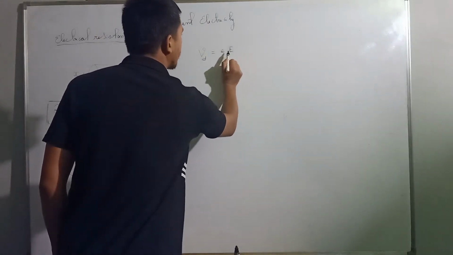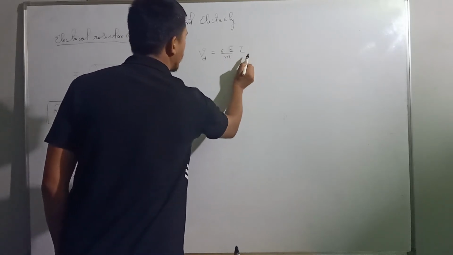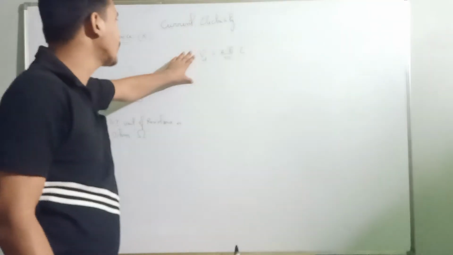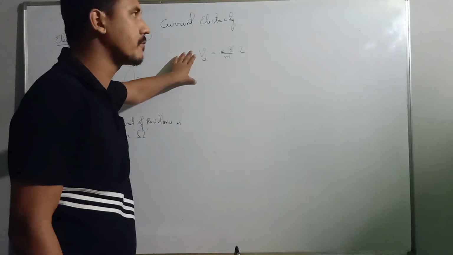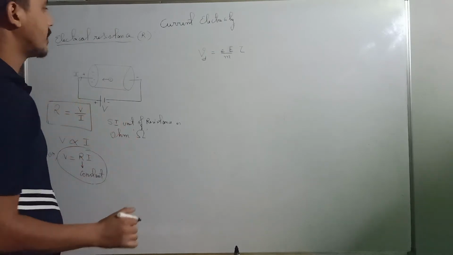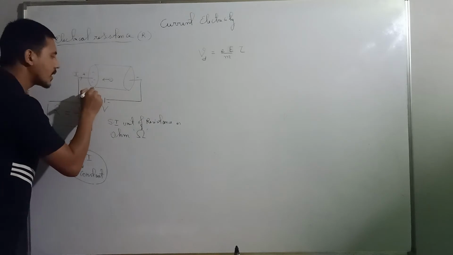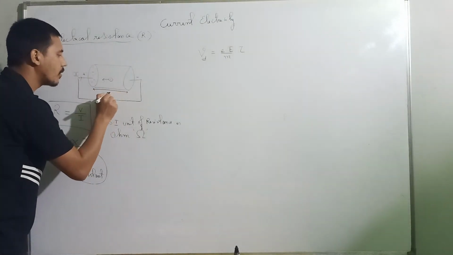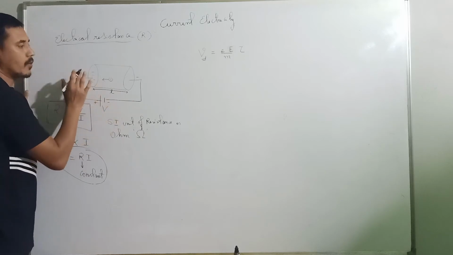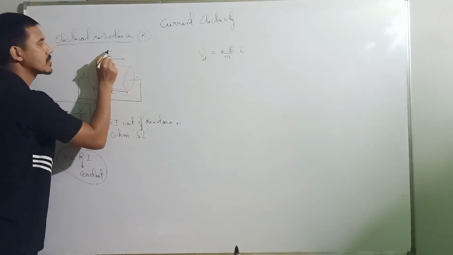Now we can manipulate this relation. Suppose this is a conductor of length L. If a potential V is applied across the two ends of the conductor, then an electric field is set up across the conductor.